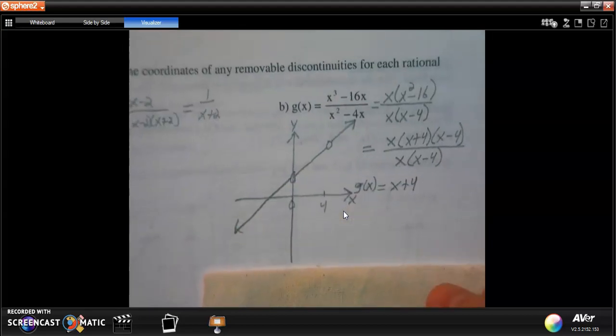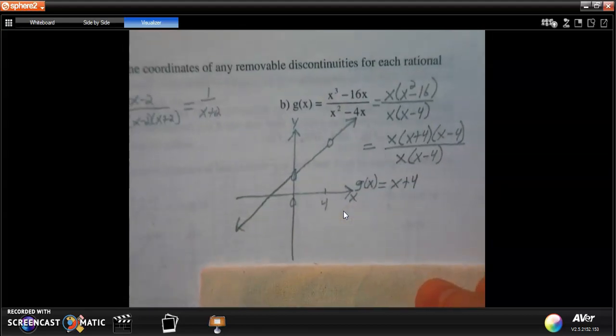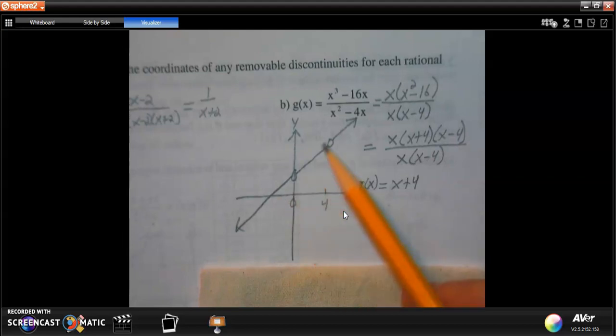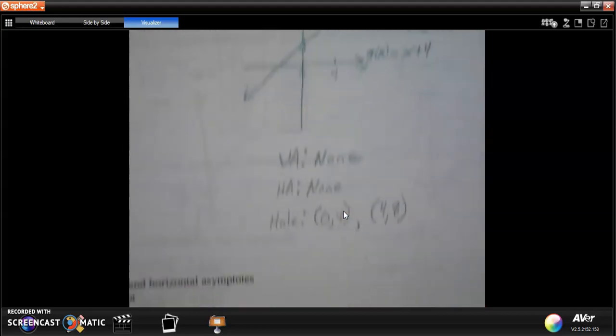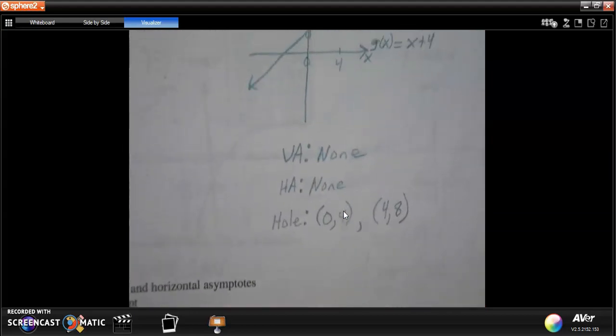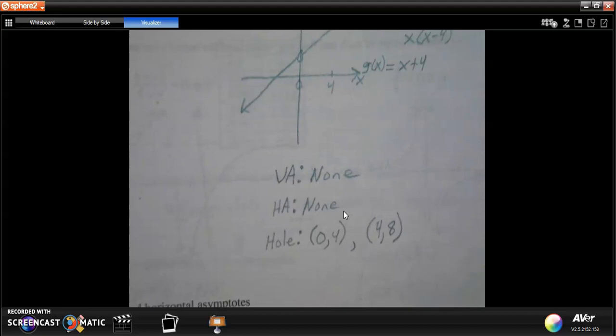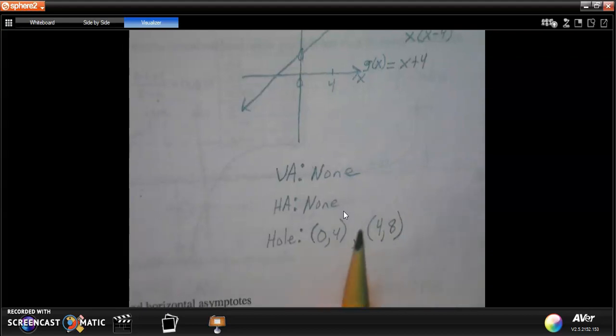Okay, so if you sketch a graph, notice that this whole thing just turns out being a line with 2 holes in it. Okay, so when x equals 0 and when x equals 4. Okay, so there's the asymptotes. There are no vertical or horizontal asymptotes, and you have 2 removable discontinuities at 0, 4, and 4, 8.